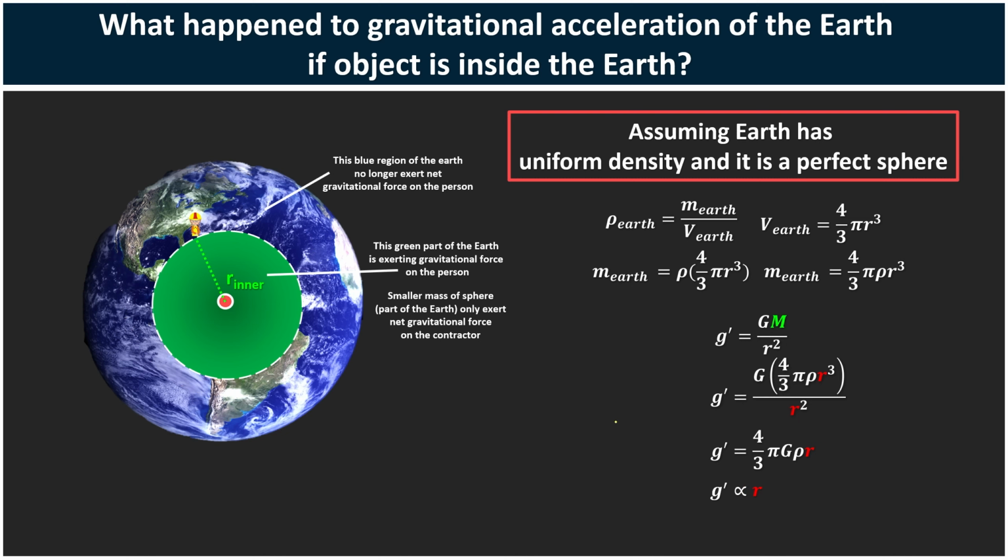So this relation is directly proportional. Again, this only happens when you are inside the Earth. This is because only the mass of the inner smaller sphere will have the net gravitational force on you. And by deriving the formula, indeed, this relation is directly proportional.